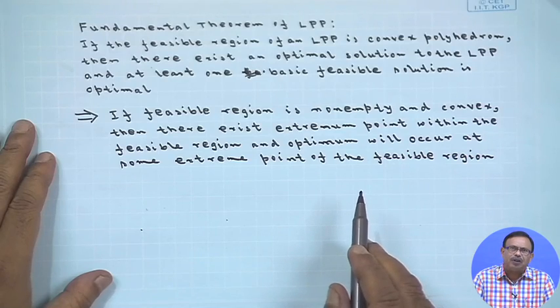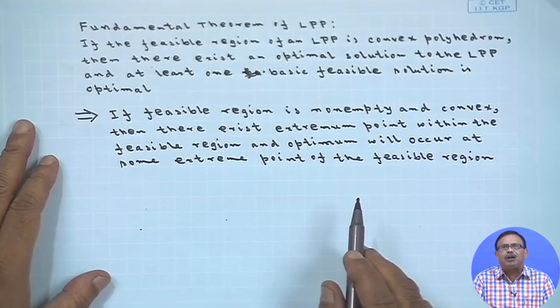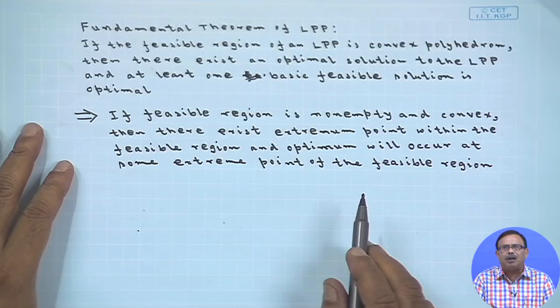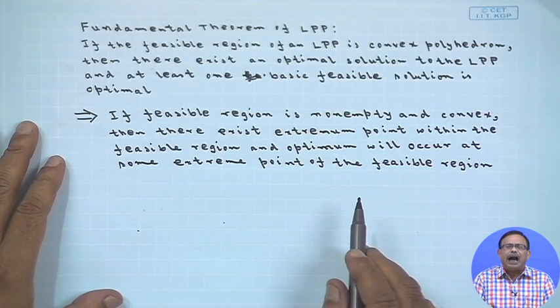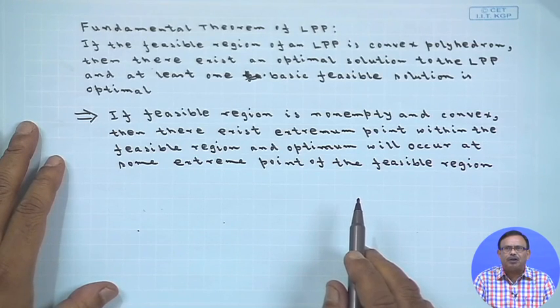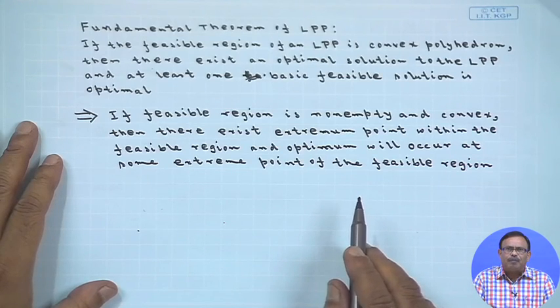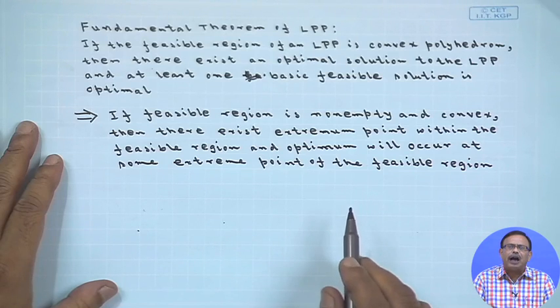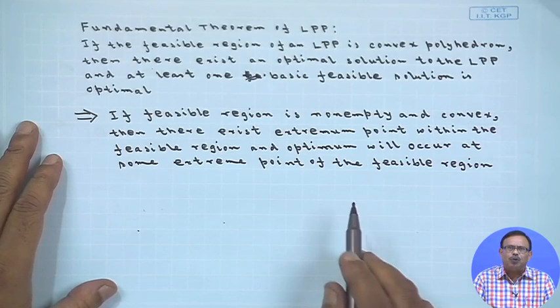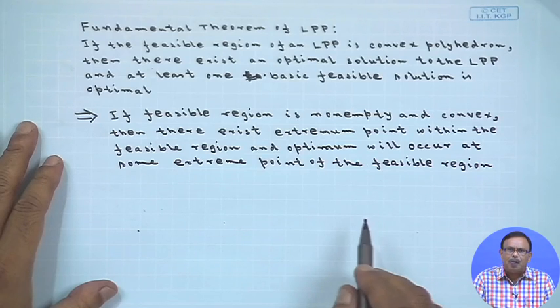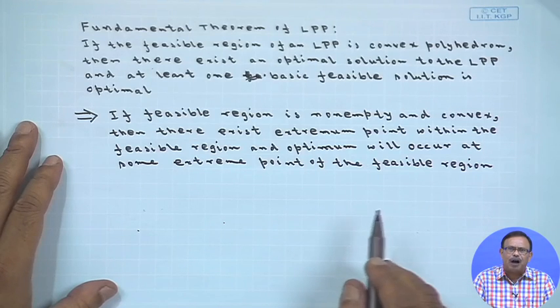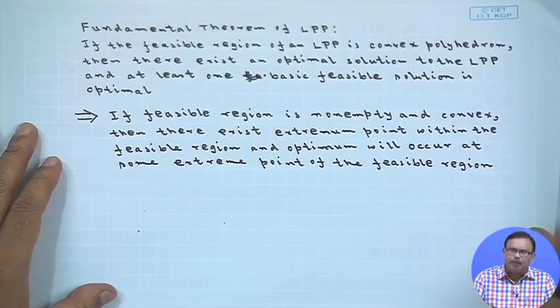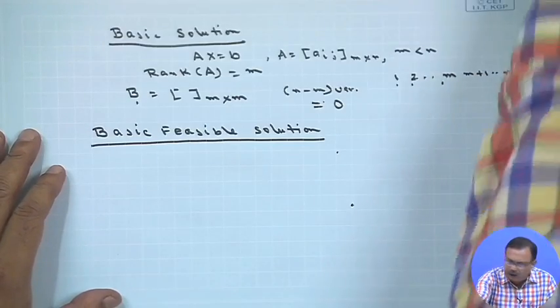So, please note this one: if the feasible region of an LPP is a convex polyhedron, then it ensures that at least one of the basic feasible solutions will give you the optimal value, and from the feasible region you can obtain the optimum value only at the extreme points. So, which makes your life simpler, and this theory we will use afterwards to solve very large LPP problems. So, this is one theory.